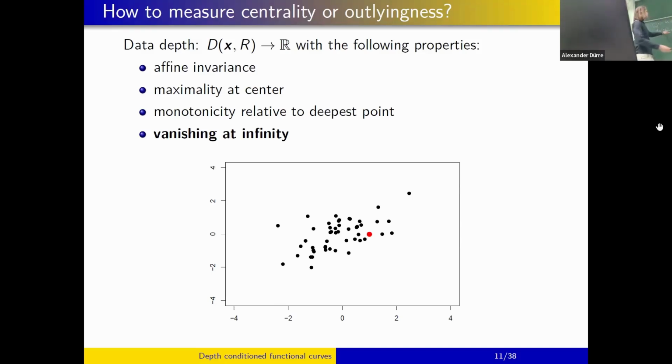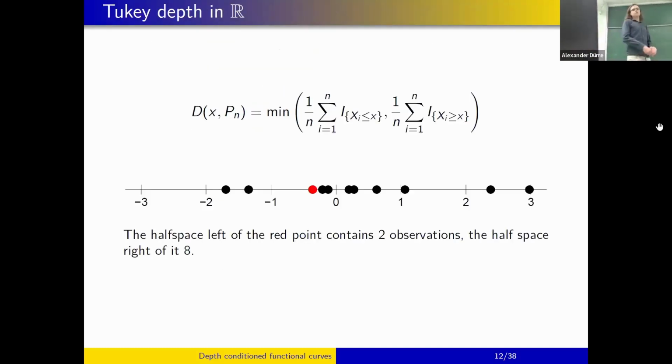But this is a parametric data depth. That's not what non-parametric statisticians like. Non-parametric statisticians like to have something non-parametric. So the easiest example is the Tukey depth. The Tukey depth splits your observation space into two halves. So you want to know the depth of this data point.